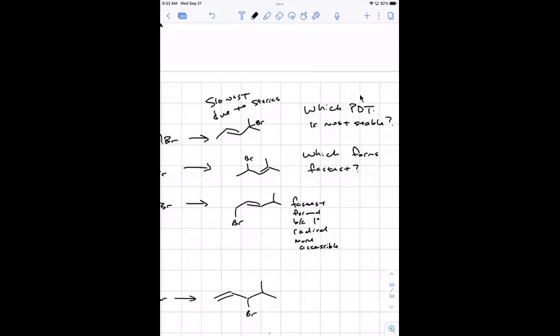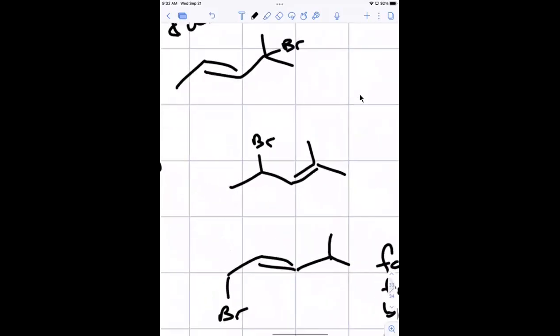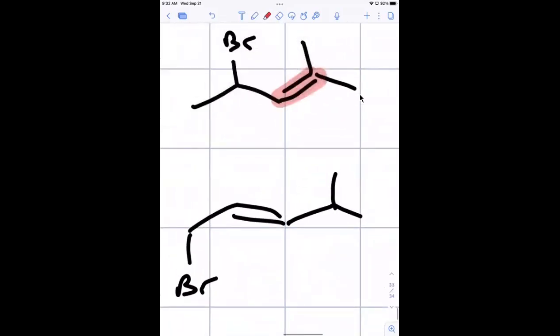It's not based on that. Is it the opposite of the carbocation one? No. In this case, stability is going to be based on what the double bond looks like. Is the double bond more or less substituted? That's the question.